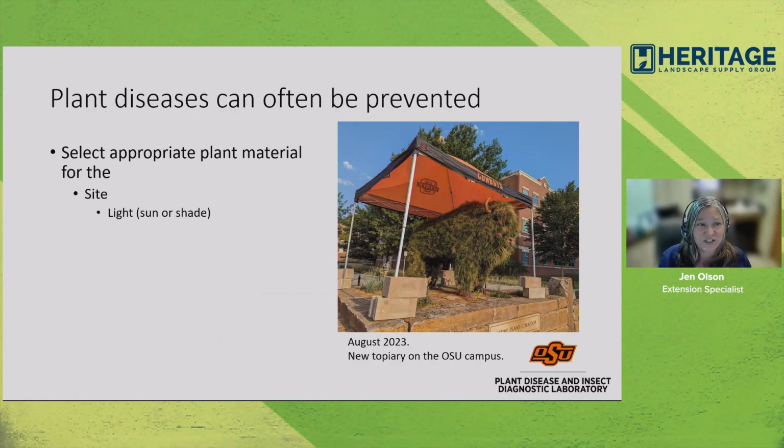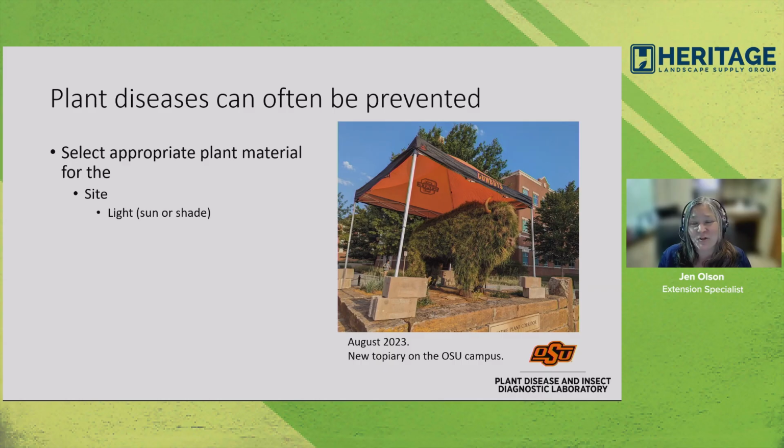This is a topiary on the OSU campus. We love our orange. And this buffalo is a topiary that was growing in the shade, and they wanted to move it out as students came back for the semester in August when temperatures were 100 degrees. It was bright and sunny. And so they probably would have observed a lot of burn and scorch if they just put it right out.